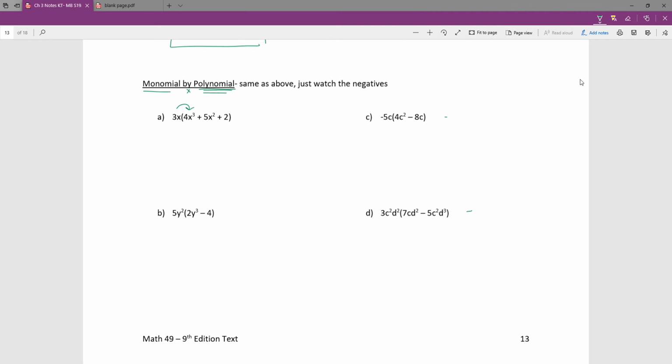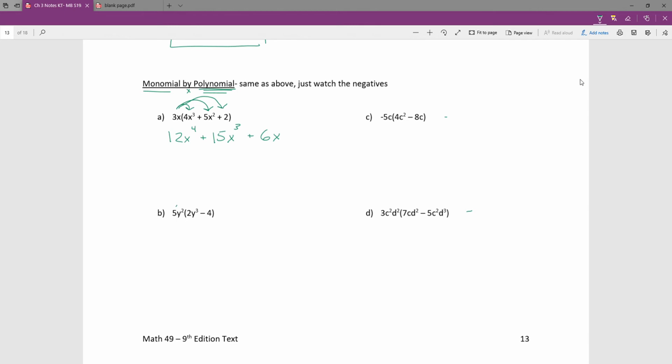So talking this one through, for a, I'd have 12x to the 4th. Then I would have plus 15x cubed. And going all the way, I'd have positive 6x.